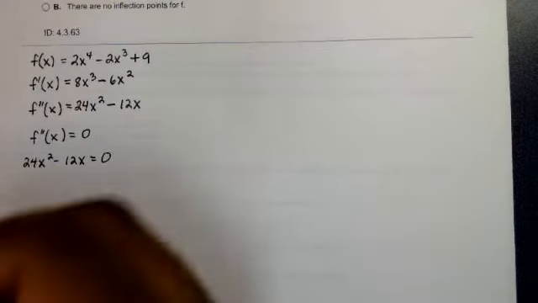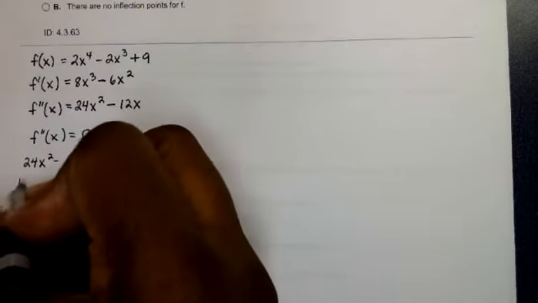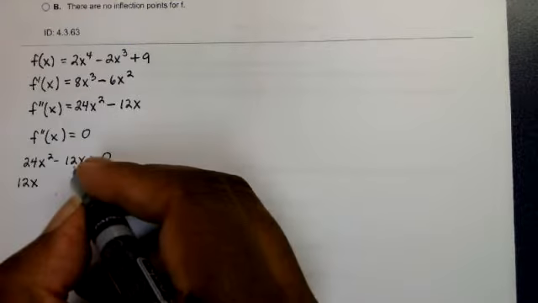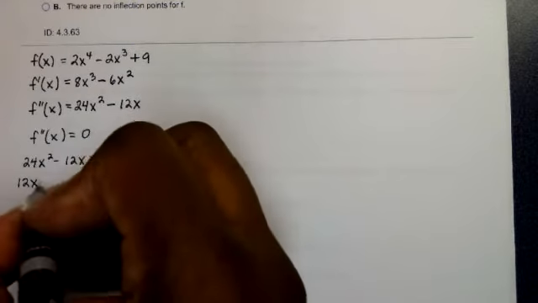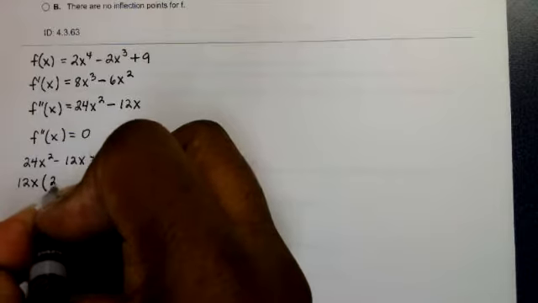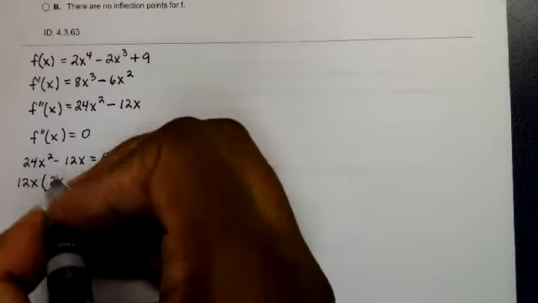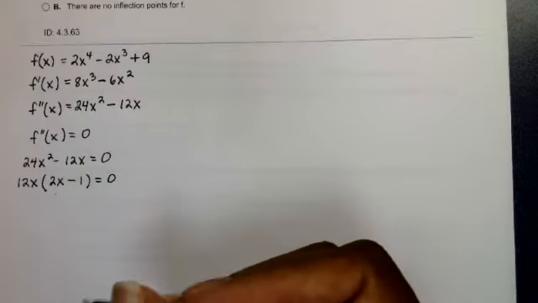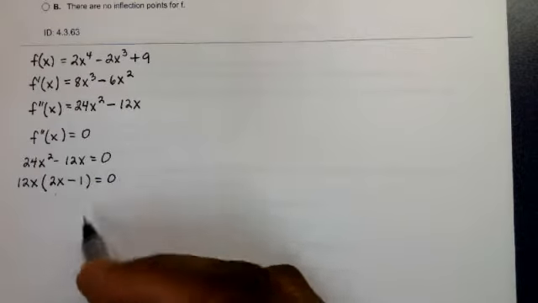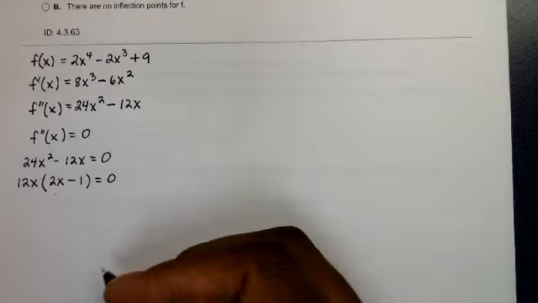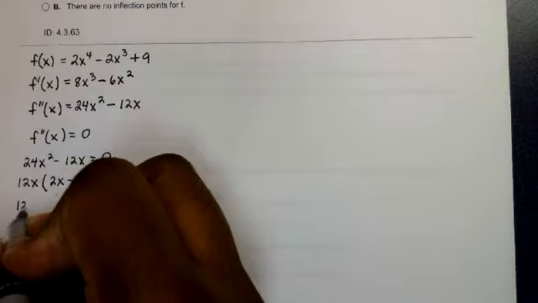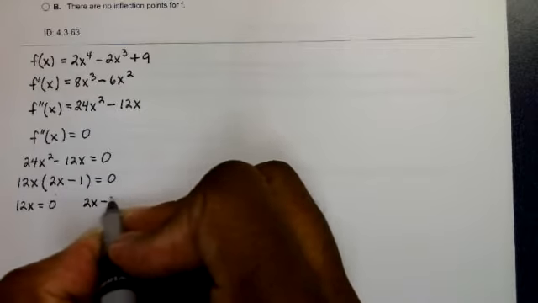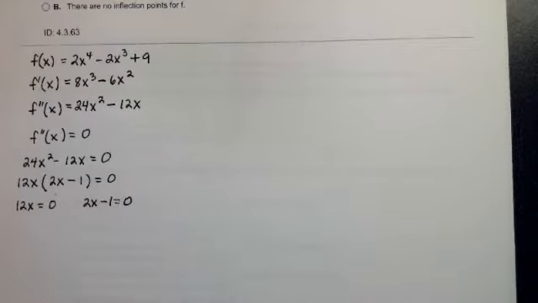Now let's factor out the 12x, because 24 and 12 have a factor of 12, x squared and x has a factor of x. And if I do that, I'm going to have 12x times 2x minus 1 equal to 0. And then we set each factor to be equal to 0. So I'm going to set 12x equal to 0 and 2x minus 1 equal to 0.